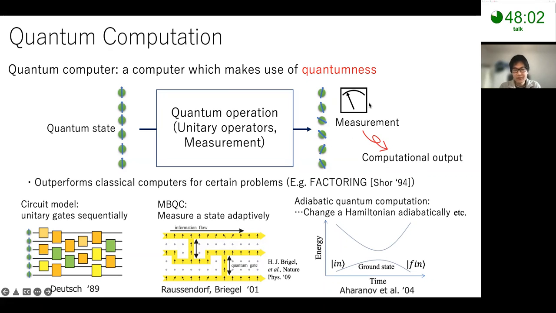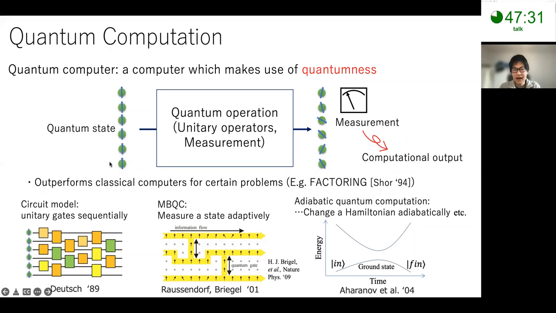What do we do? We prepare a quantum state first as the initial state, and we apply quantum operations such as unitary operations or measurements many times. And finally, we read the measurement outcome by observing local observables, and we regard this as the computational output.